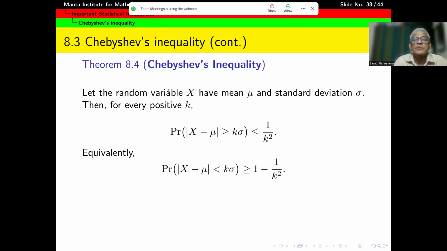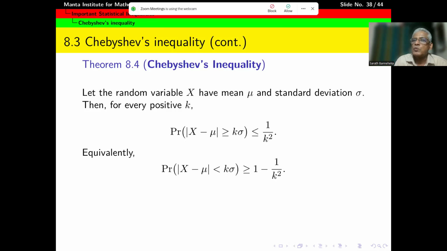That is what Chebyshev's inequality says, right? So the probability that x will be beyond k times sigma from the mean is less than or equal to 1 over k square.